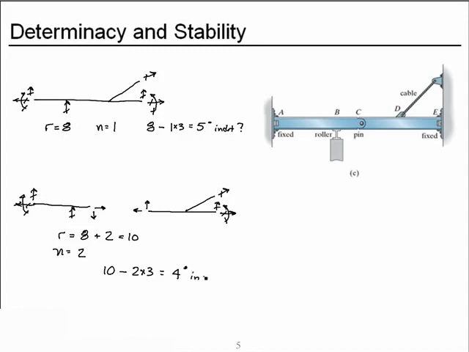It is 4 degrees indeterminate. That is our answer, not this. And here's the key. Whenever there is a pin in a structure, we must cut it there before we evaluate whether it's determinate, indeterminate, or unstable.